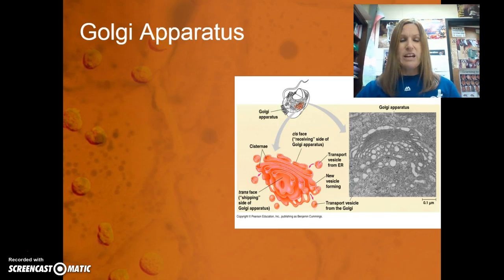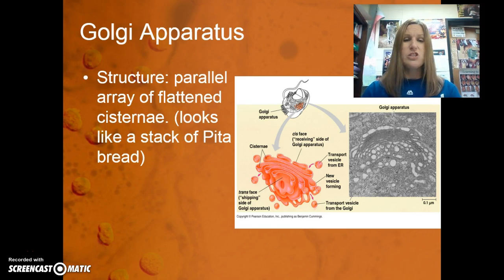Now the Golgi apparatus is a second organelle that we're going to look at in the endomembrane system. Well, I say second, but hold on. The first one we covered was the nuclear envelope. The second one we covered was the endoplasmic reticulum, otherwise known as smooth and rough ER. And so now I guess we're on the third. I was thinking second just for today. So the Golgi apparatus. Golgi has a very distinct structure.